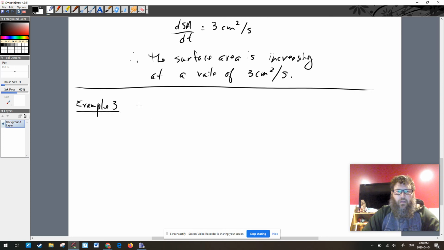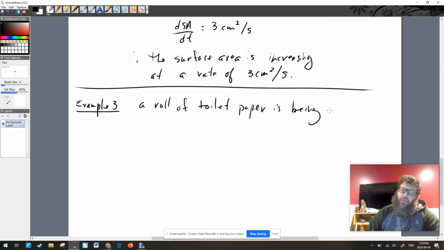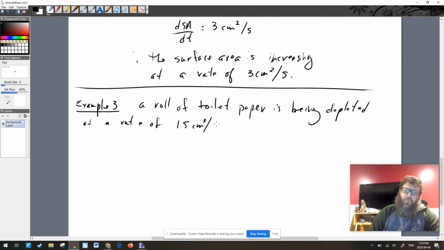Imagine that we had, okay, how about a roll of super hot commodity toilet paper is being depleted at a rate of, I don't know what's reasonable, how about 1.5 centimeters cubed per minute.